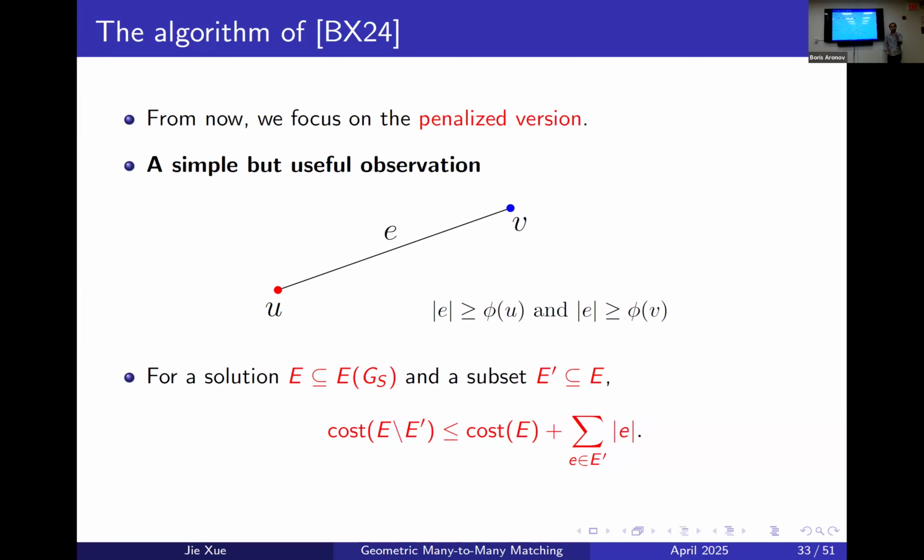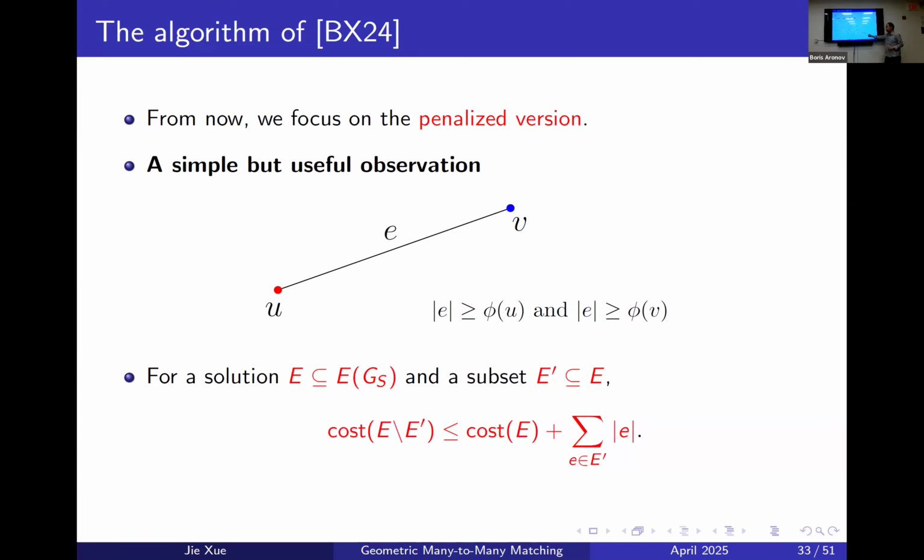So that means if you remove one edge from your solution, the increase of your cost is at most the length of E. Therefore, the cost of E minus E prime is smaller than or equal to the cost of E plus the total length of the edges in E prime.